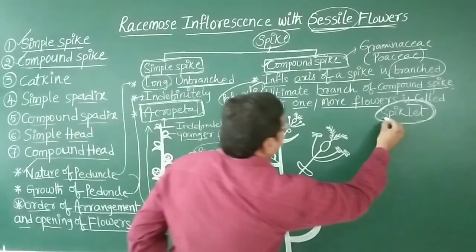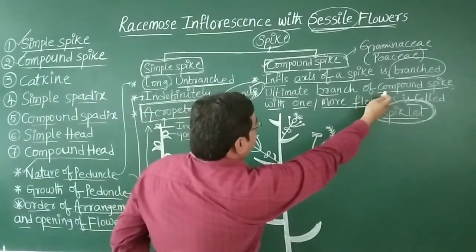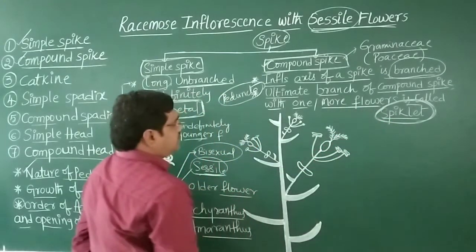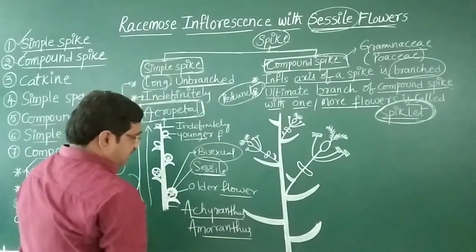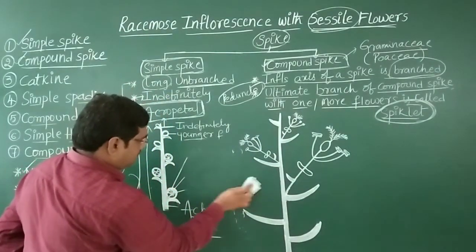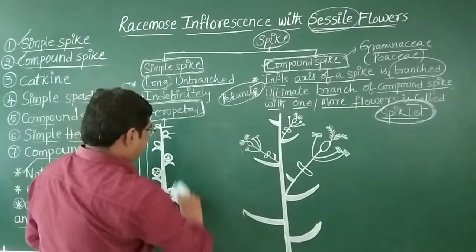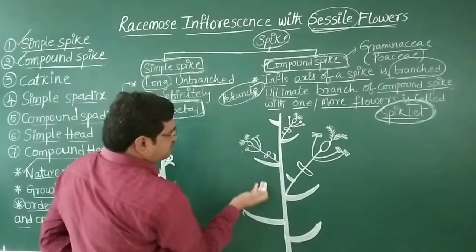Here, what is a spikelet? The ultimate branch of the compound spike with one or more flowers is called a spikelet. So this is the structure of the spikelet.